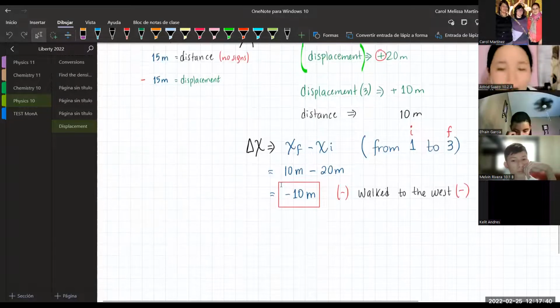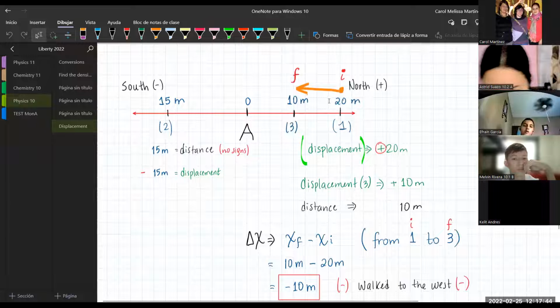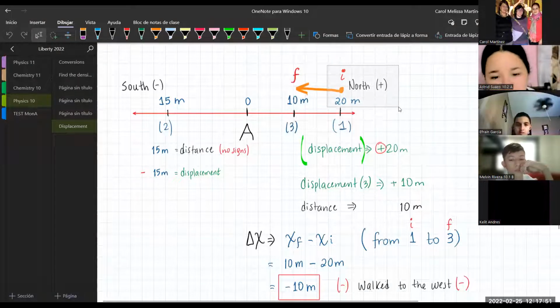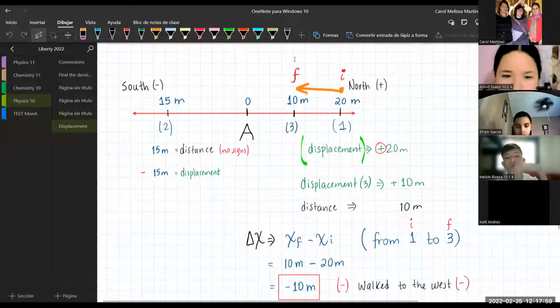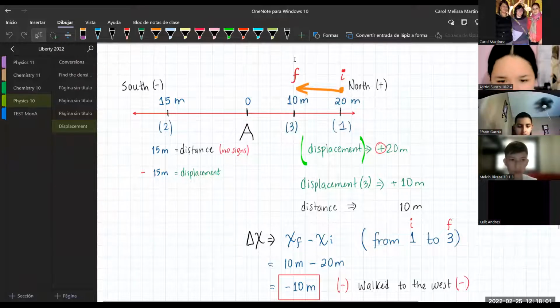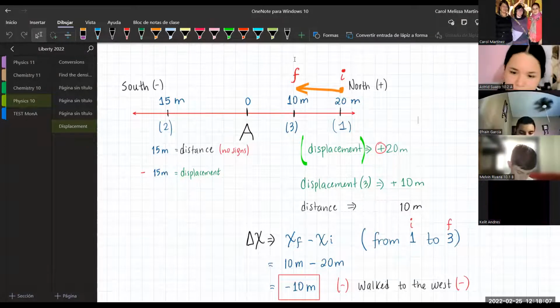The reason why this number is negative is because the person was right there to the north, and when the person goes back, is actually moving south, and when a person is moving to the south, it's going to have a negative displacement. So direction in displacement matters. Do not forget.